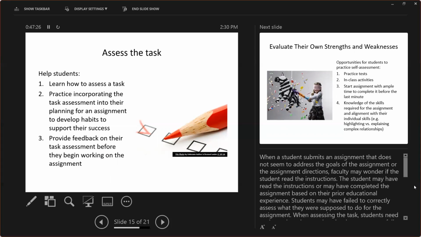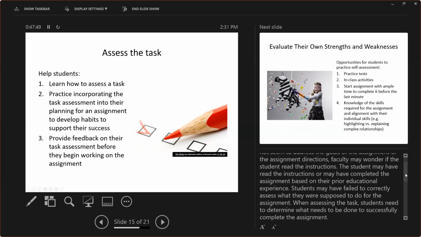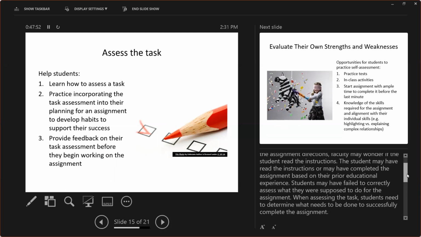I just don't know why I got this type of work when I provided these instructions. And students may have read the instructions, but they also might have completed the assignment based upon prior educational experience. So if you have students who are looking at the assignments, but they go back to their experience from high school or from introductory courses, they may produce a different product than you really want.